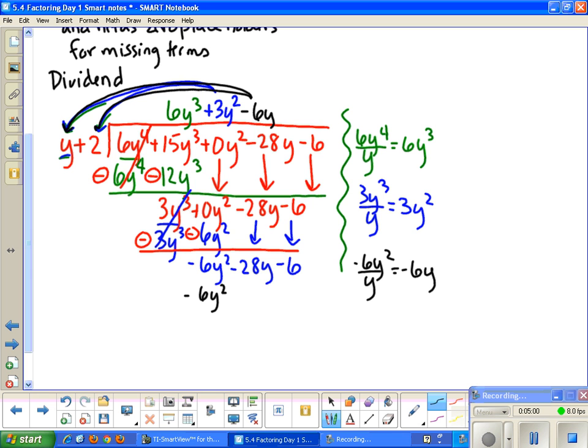And then negative 6y times the 2 gives me negative 12y. And then, of course, remember when you're doing long division, you're subtracting, so we got to change our signs. So this would be plus right here, and this would change to a plus. And then again, notice that when we did this, our first terms are going to cancel out, which we did on purpose. Remember, if those terms do not cancel out, then something went wrong.